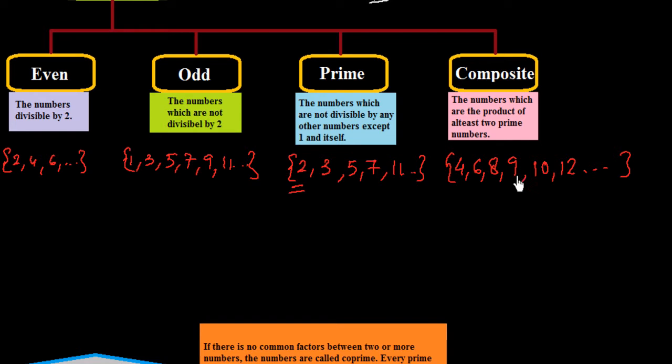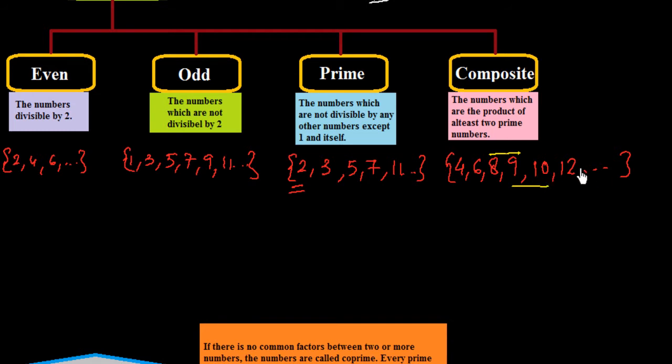But 8 and 9 are co-prime to each other because there is no common factor between 8 and 9. 9 and 10 are also co-prime because there is no common factor between them except 1. But 10 and 12 have a common factor 2; both numbers can be divided by 2.